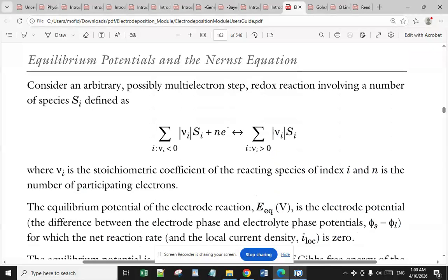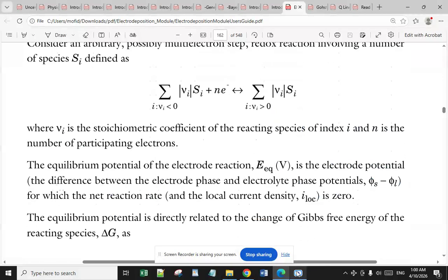Consider an arbitrary, possibly multi-electron step redox reaction involving a number of species s_i defined as follows, where v_i is the stoichiometric coefficient of the reacting species of index i and n is the number of participating electrons.